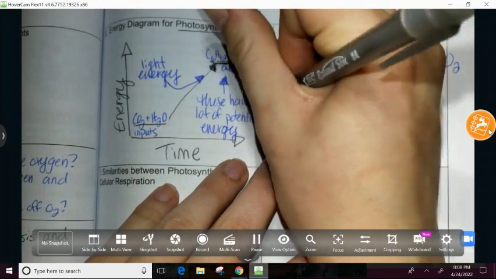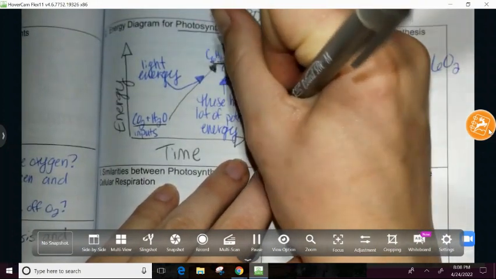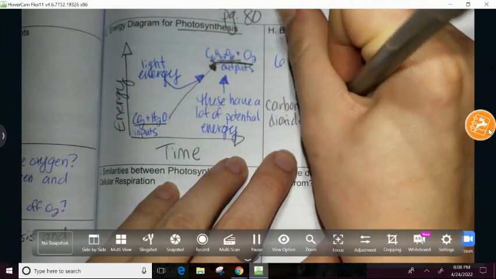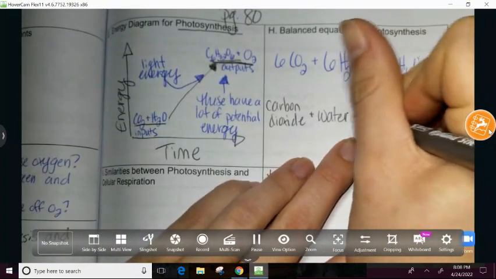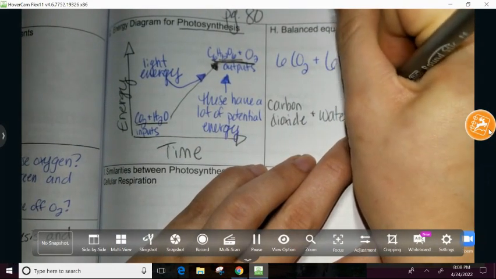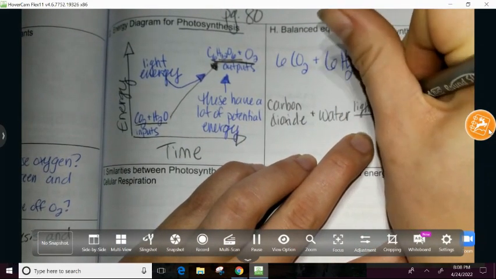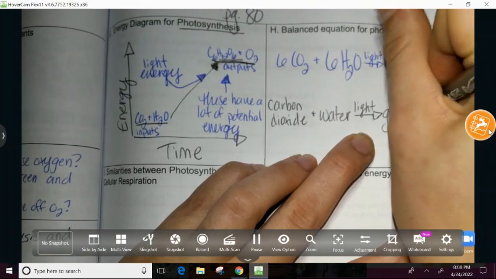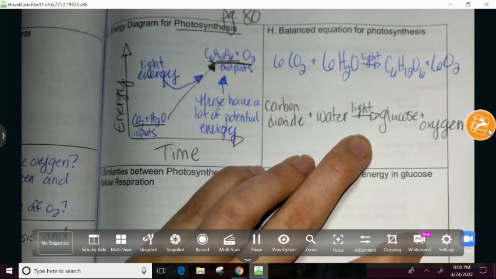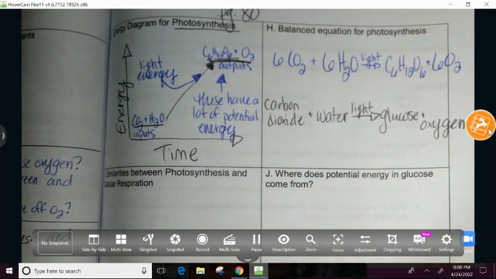So remember, it's carbon dioxide plus water gives off or creates glucose and oxygen.